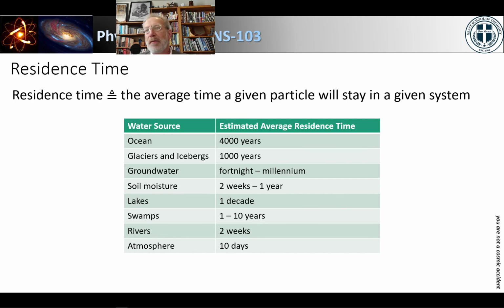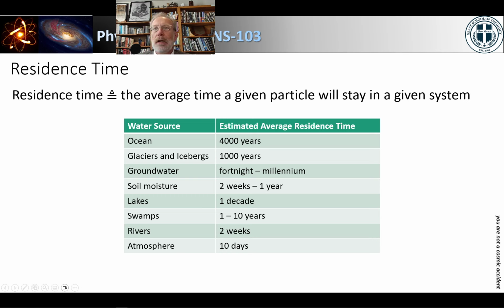If you remember from your textbook, you saw this table. I've rearranged it a little to be easier to see. This column lists the water source, whether it's the ocean or the glaciers and icebergs or groundwater, soil moisture, lakes and swamps and rivers, or up in the atmosphere. And then we've got some estimated residence times.